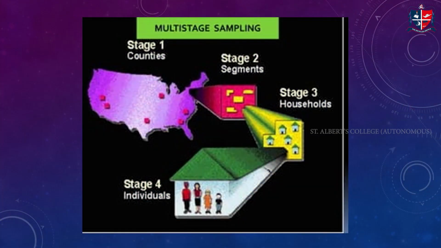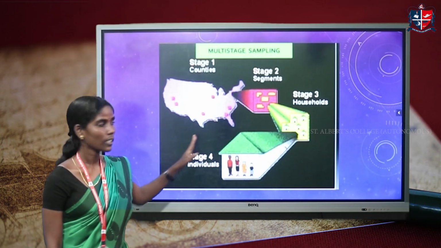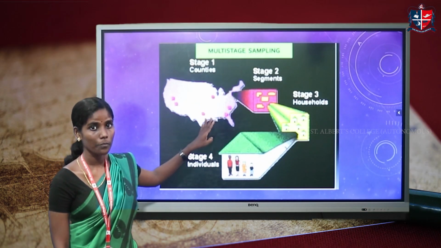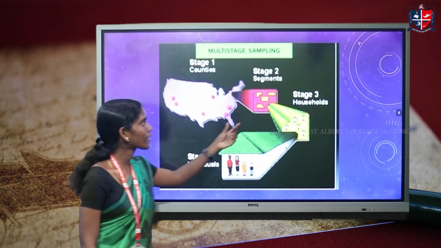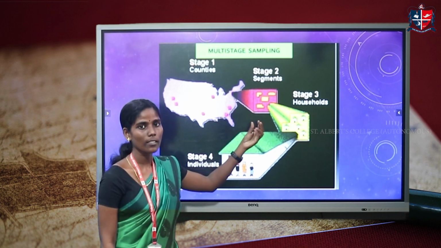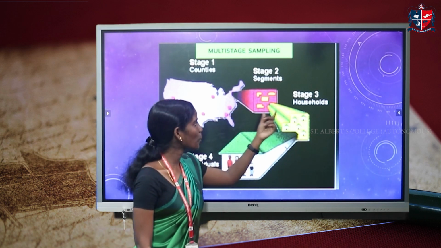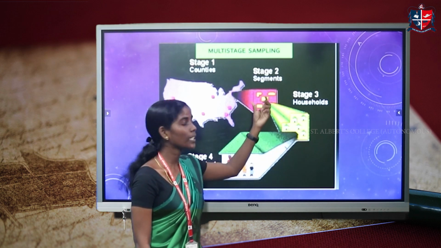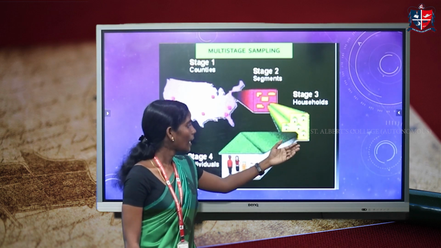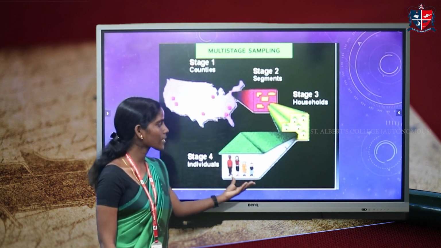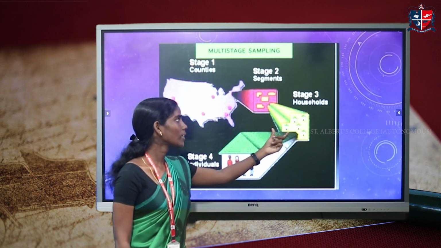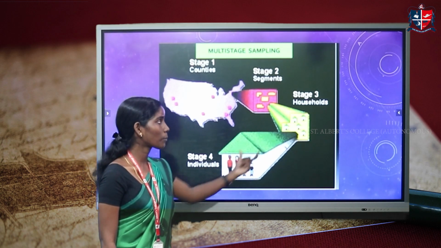See here, there is a country in the first stage. So this is our population. From this country, we take some segments in stage 2. In stage 3, we take some households from these segments. And in stage 4, we take individuals from the households.